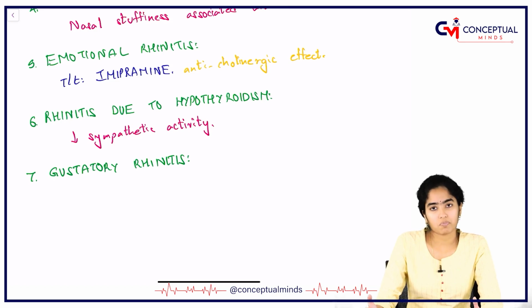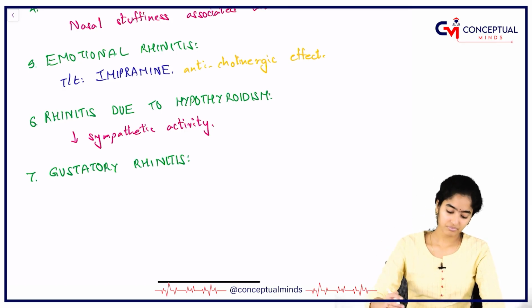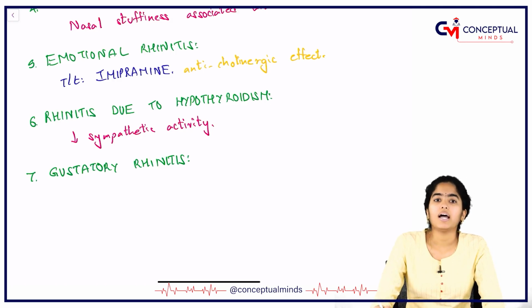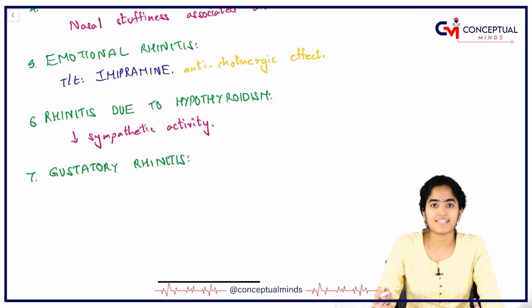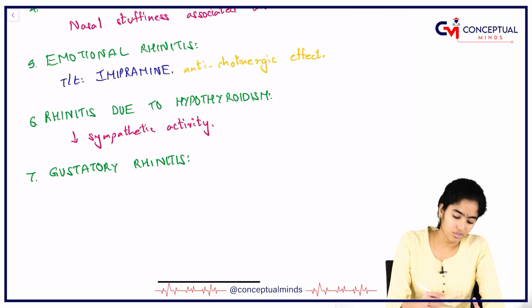If it is too spicy and pungent, it can even cause lacrimation. Yes, sweating, flushing of the face, all of this will occur. That is gustatory rhinitis. Why will that occur? It is a cholinergic response of the body. When the sensory receptors on the palate are stimulated, it's a cholinergic response.